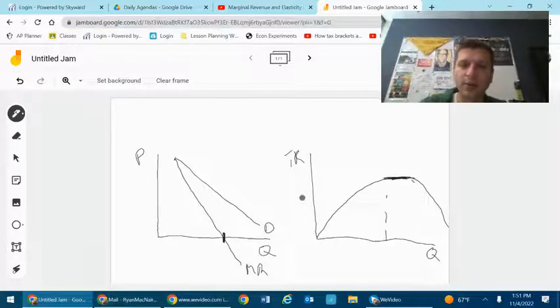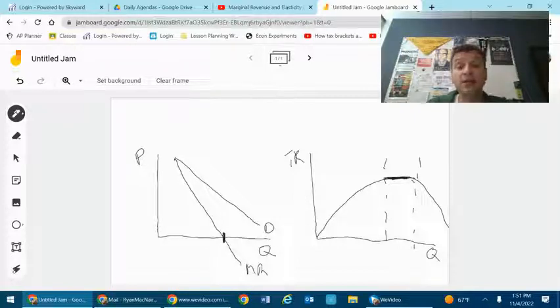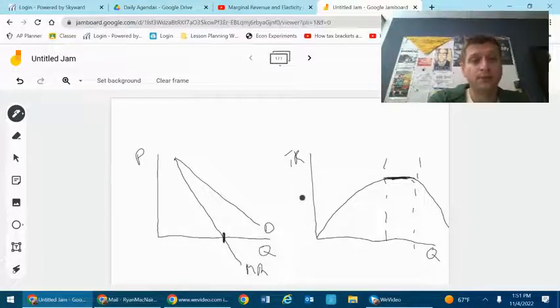So if we break up the total revenue curve into its 3 respective parts, the upward sloping part, the flat part, and the downward sloping part, we can now apply our ideas of the total revenue test to this concept. So remember, if price and total revenue move in the same direction, that's inelastic.